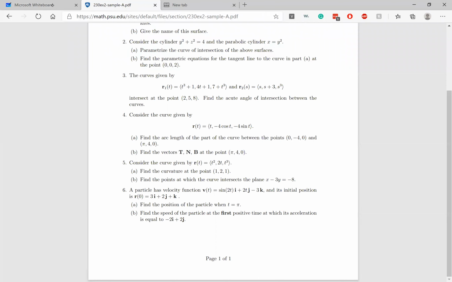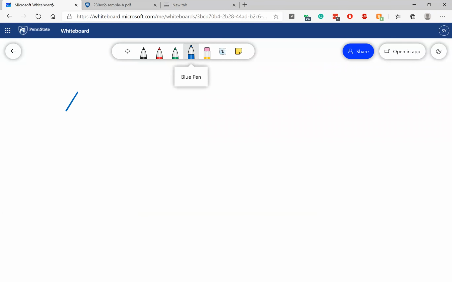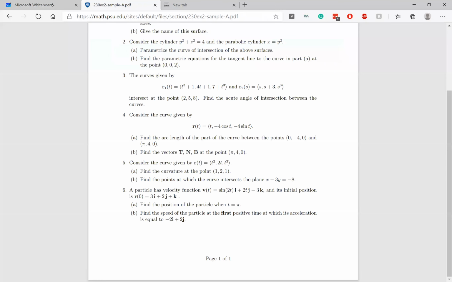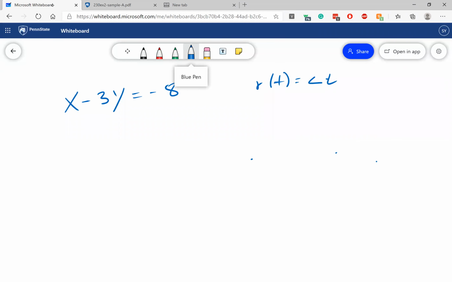So we have x minus 3y is equal to -8. And our curve was r of t is equal to (t squared, 2t, t cubed).